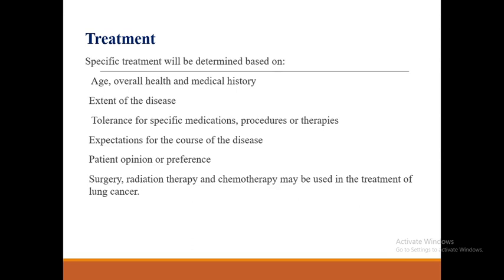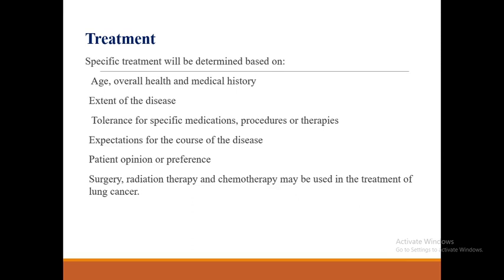Treatment depends on the level and the type of cancer and the location. Specific treatment will be determined based on age, overall health and medical history, extent of the disease, tolerance for specific medications, procedures or therapies, expectations for the course of the disease, and patient opinion or preference.